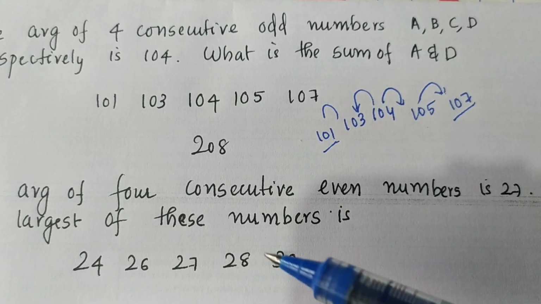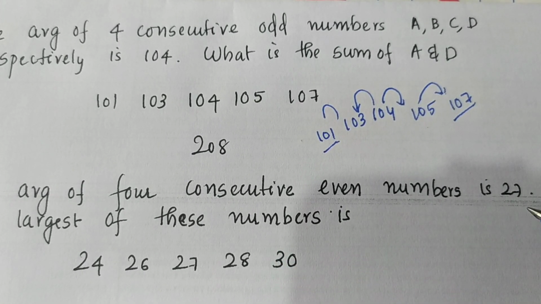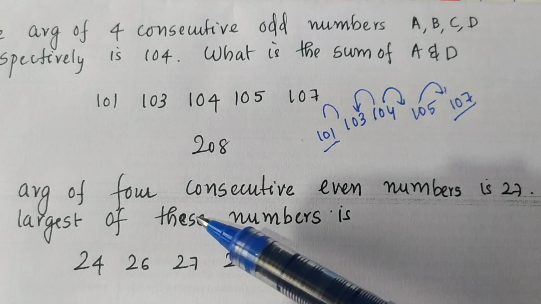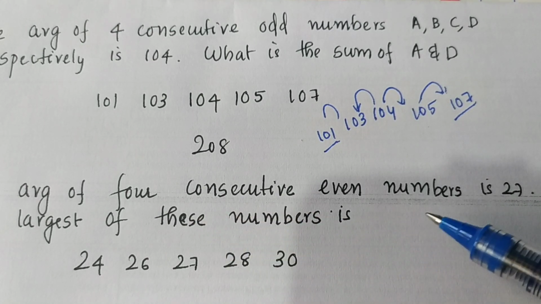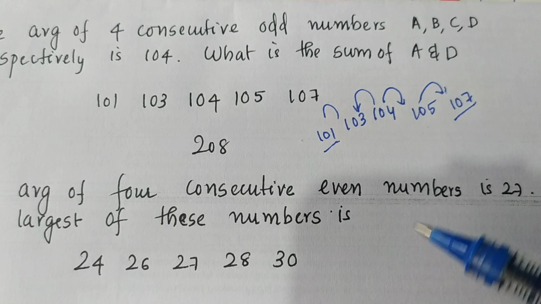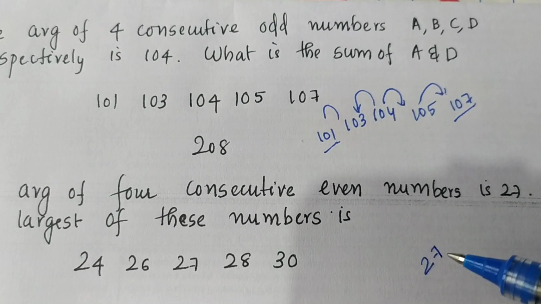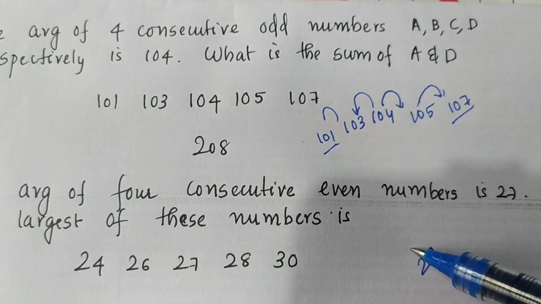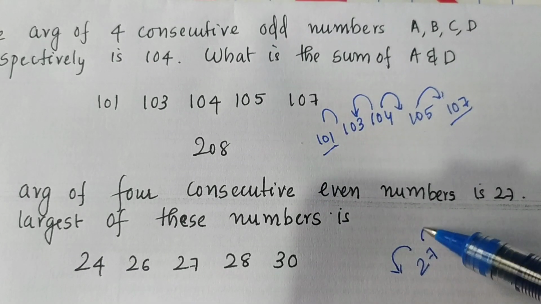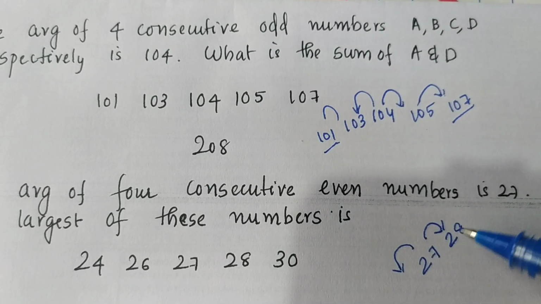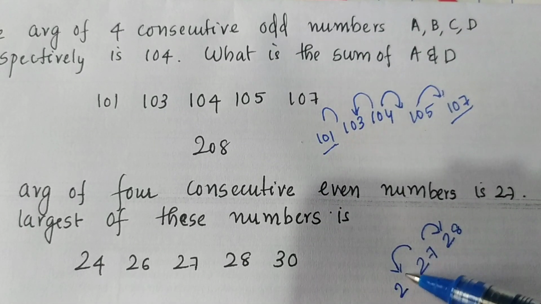Next question: the average of 4 consecutive even numbers is 27. The largest of these numbers is? There are 4 consecutive even numbers, the average of which is 27. So we have to write 27 here. Then we have to write the even numbers immediately followed by and preceded by it, that is 28 and 26.